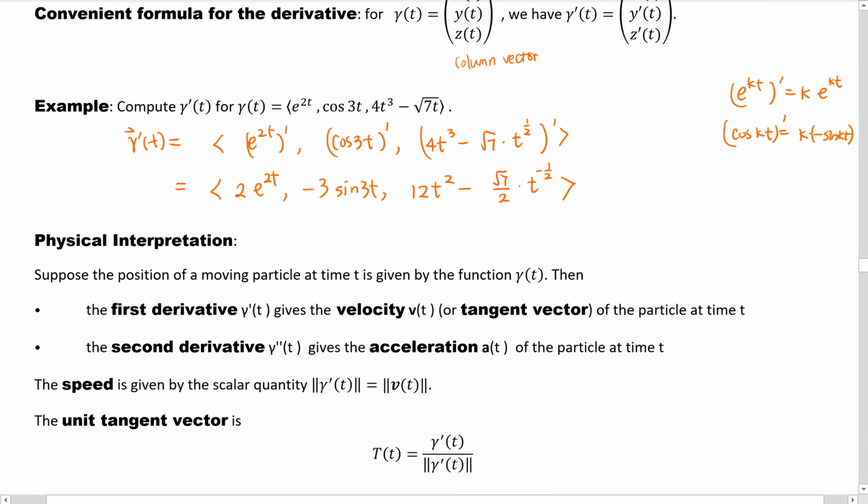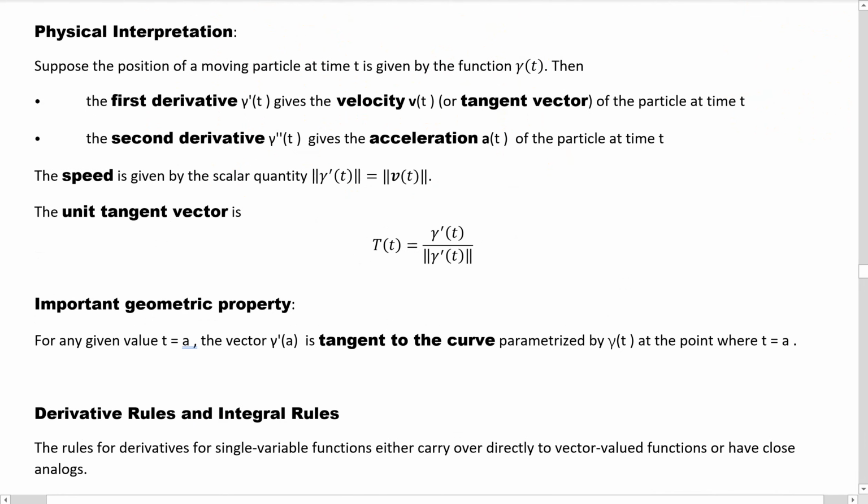Let's continue with the physical interpretation. Suppose the position of a moving particle at time t is given by gamma of t. Then the first derivative, gamma prime of t, gives the velocity or tangent vector of the particle at time t.